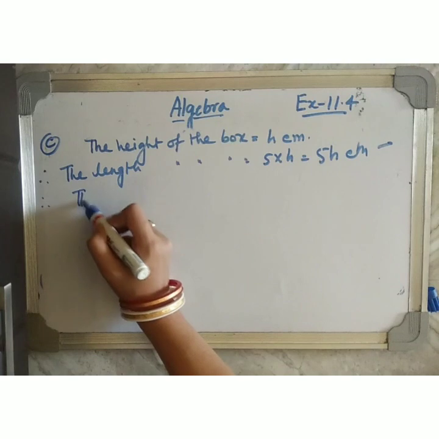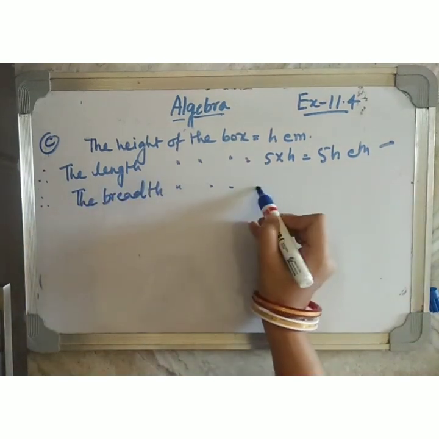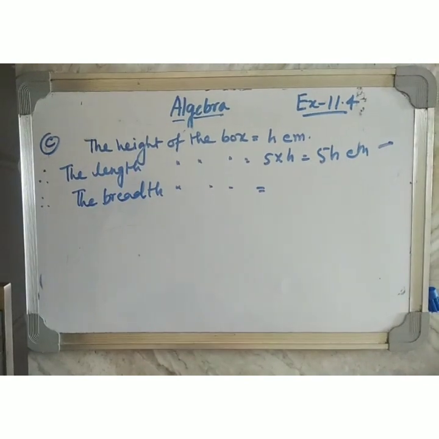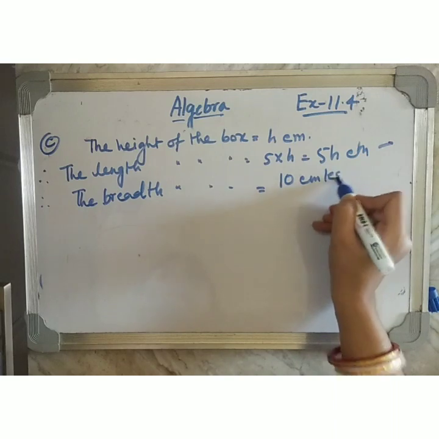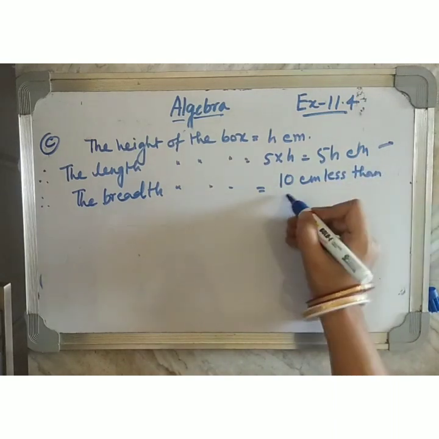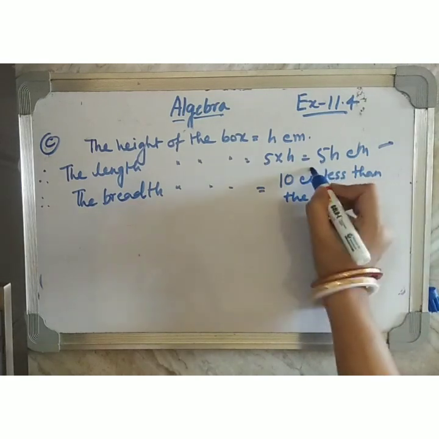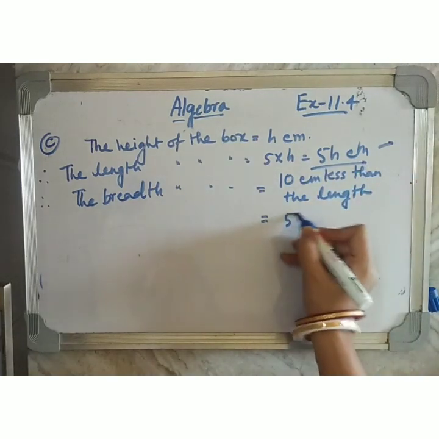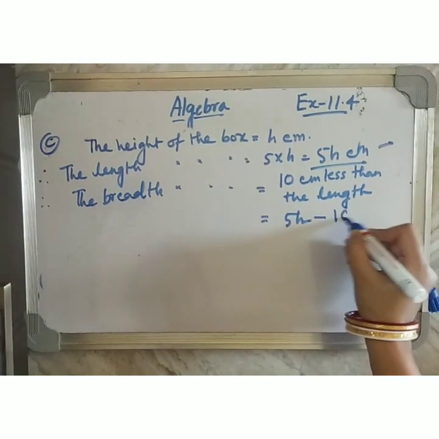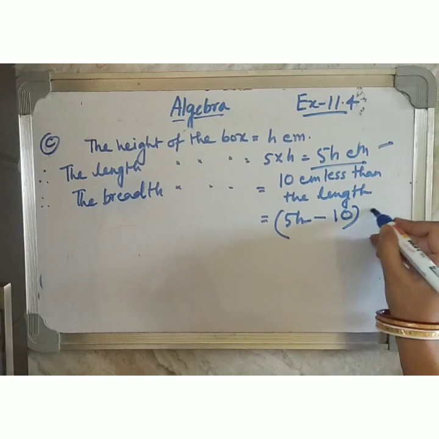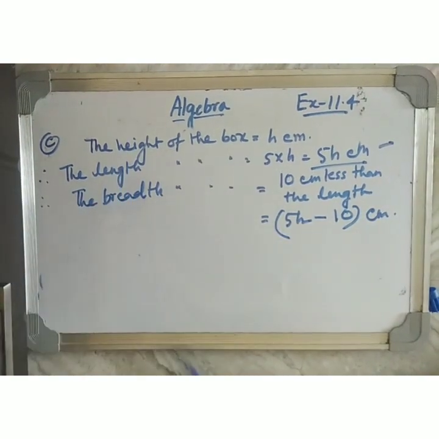Therefore, the breadth of the box is 10 centimeter less than length. So here we will write 10 centimeter less than the length. The length is 5h centimeter. So 5h was the length of the box and 10 centimeter less than this will be the breadth of the box. So in terms of height, we have got length and breadth both.